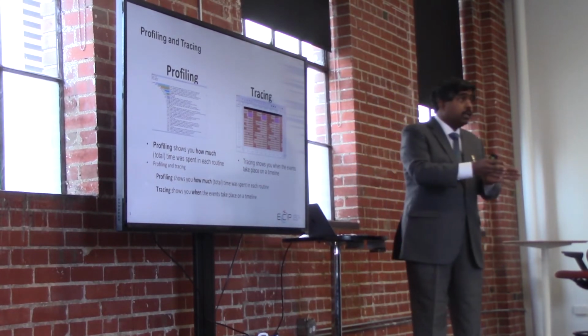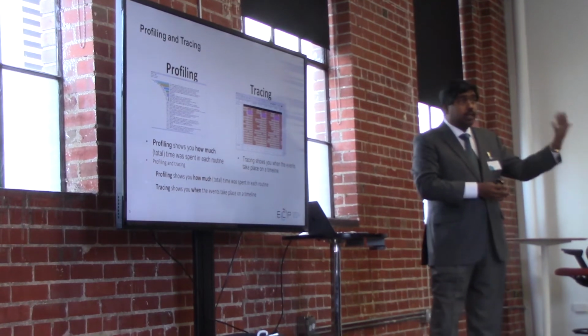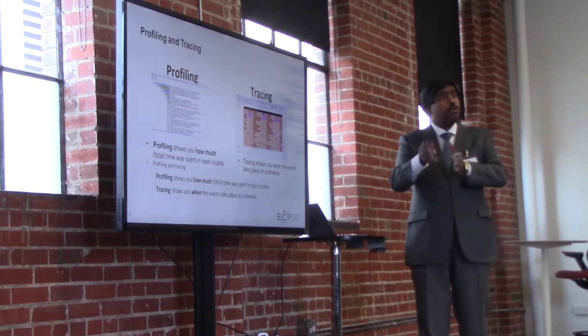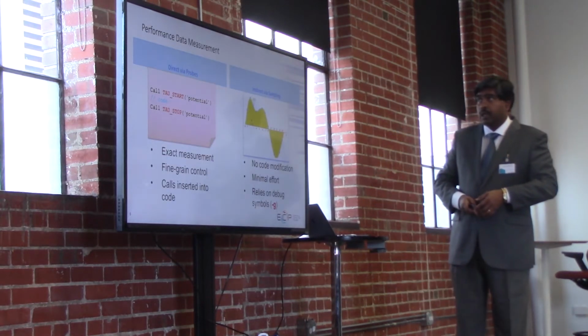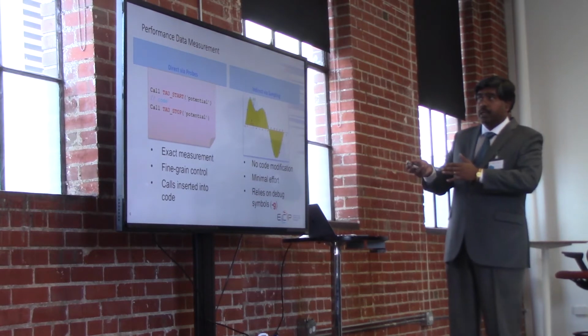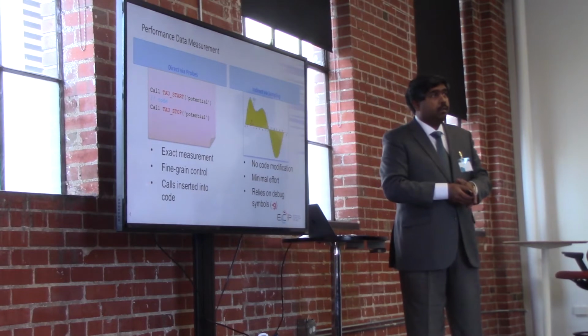Profiles are compact. They show you the total time spent over all invocations. And traces show you the detailed temporal variation of your application. Now, with TAU, you have 2 different ways of generating the performance data.